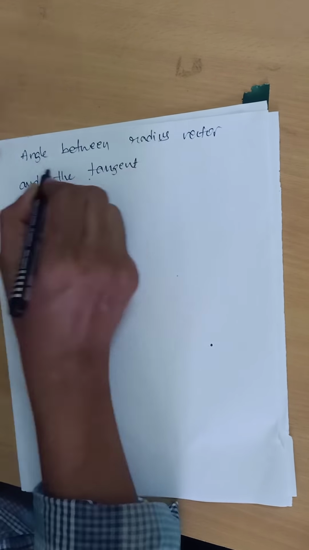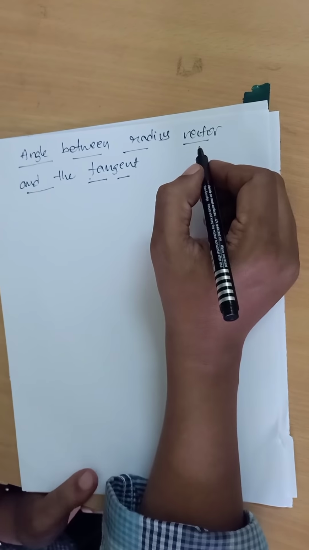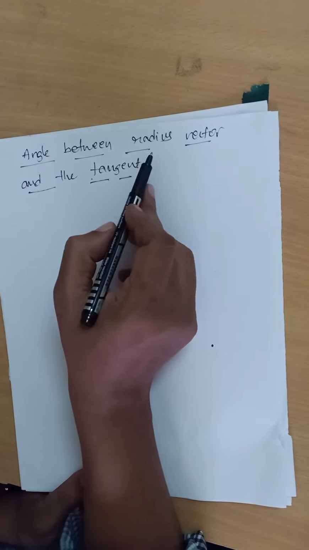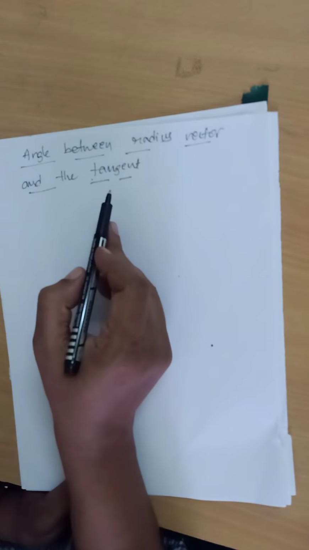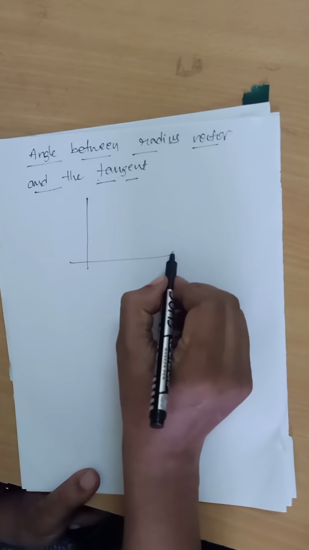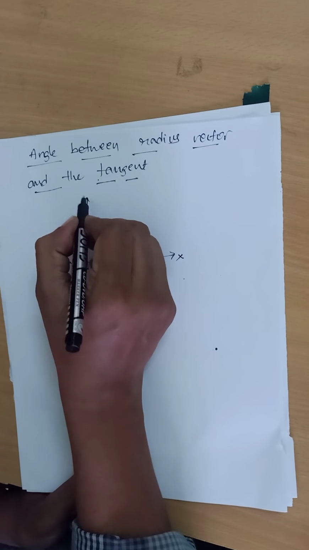See, according to our syllabus, we don't want to discuss the derivation of the formula for angle between the radius vector and the tangent. I will just give the formula, but I can explain the angle between the radius vector and the tangent with the help of a figure.